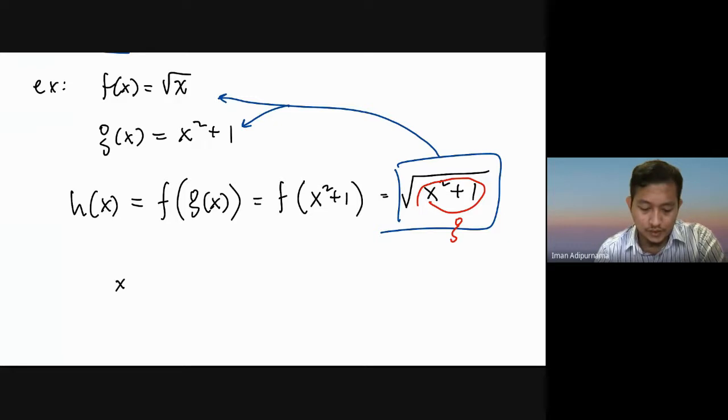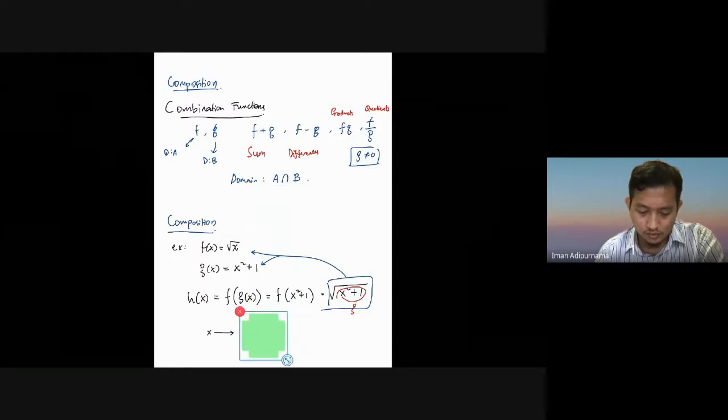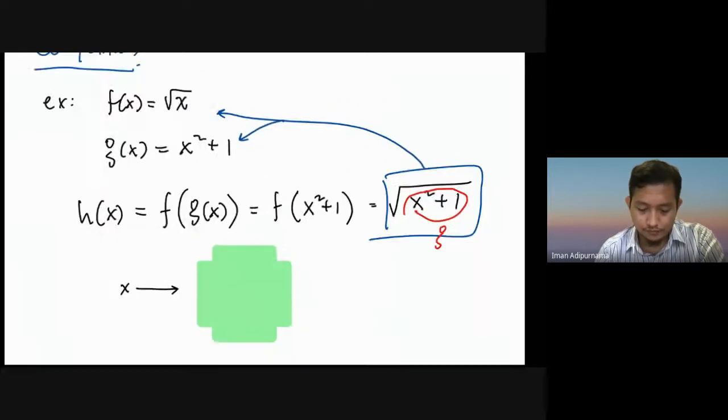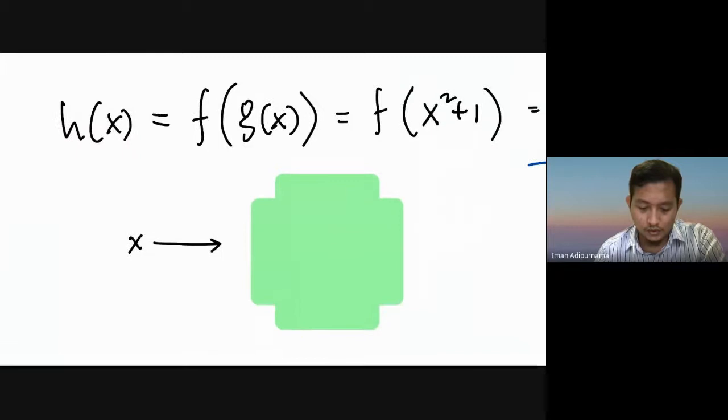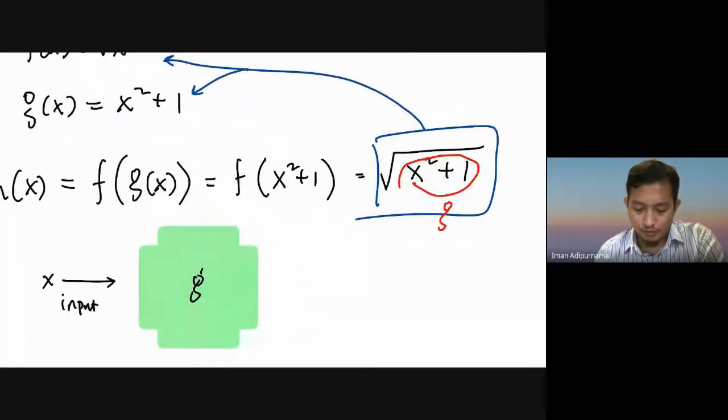So we have x as our input. This is the input, and this is g, and this will become x squared plus 1, right?